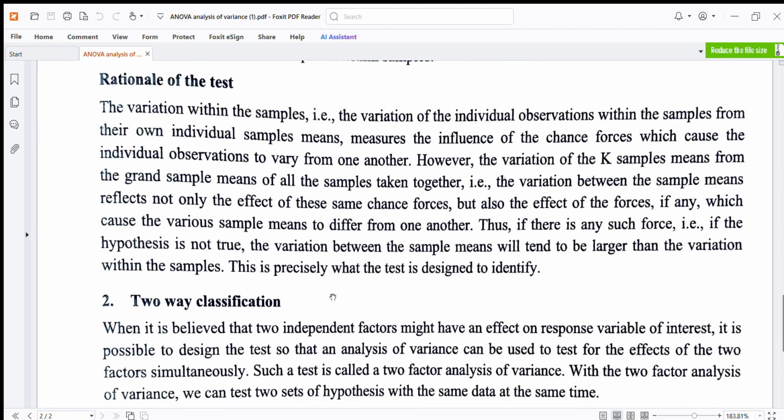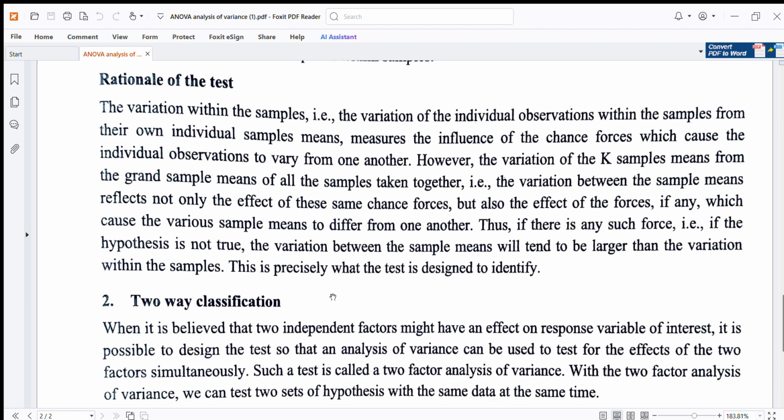Rationale of the test. The variations within the samples, that is, the variations of the individual observations from their own sample means, measure the influence of the chance forces which cause the individual observations to vary from one another.